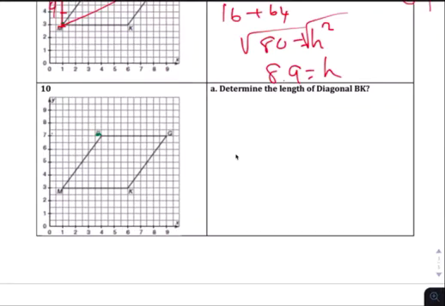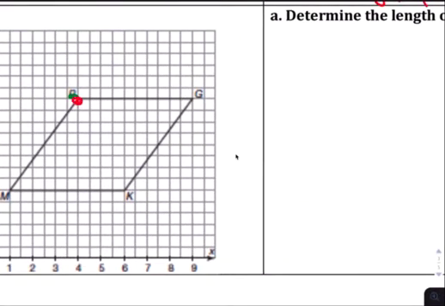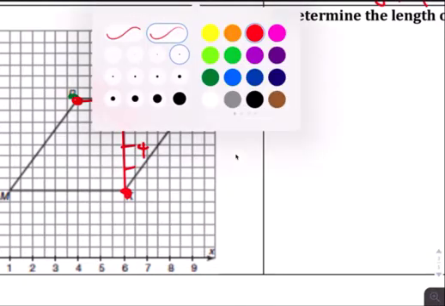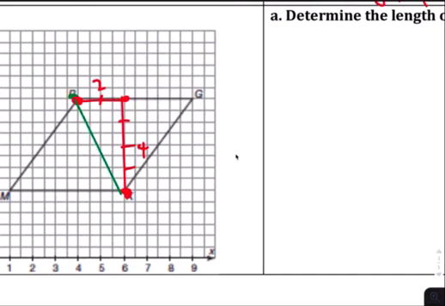Okay, BK. B to K, how to get there? There are two ways. You can go up to K there, and go down. Sideways, that's 2. That's 4, finding the distance of B. And the other way is going down sideways, same thing, 4, 2, right?